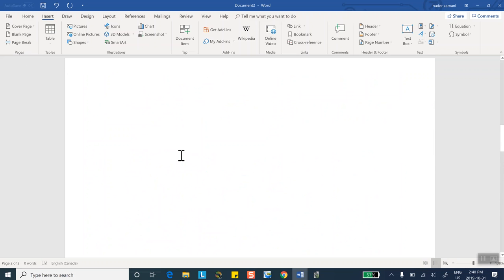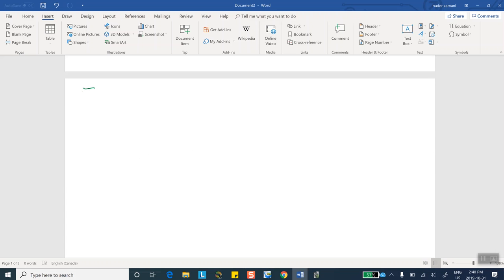Next one. This is number 34. We want to prove that cosine of minus x minus sine of minus x equals cosine of x plus sine of x.